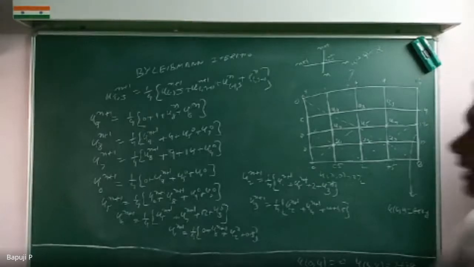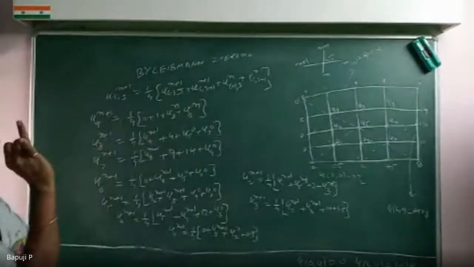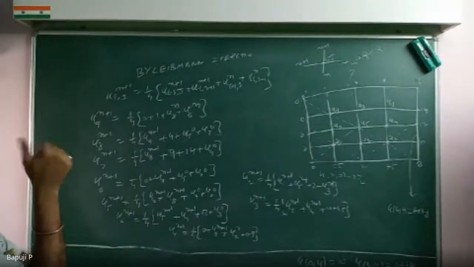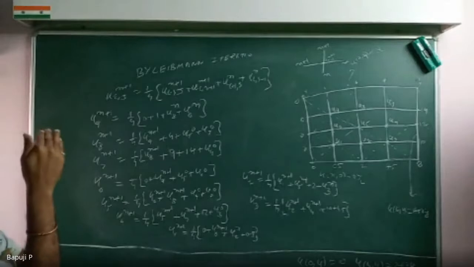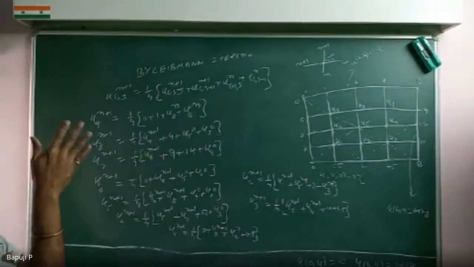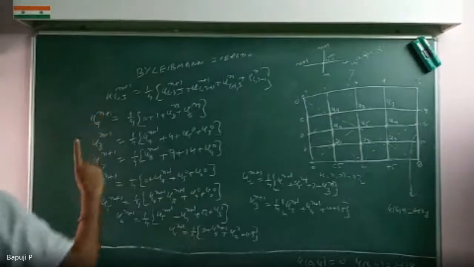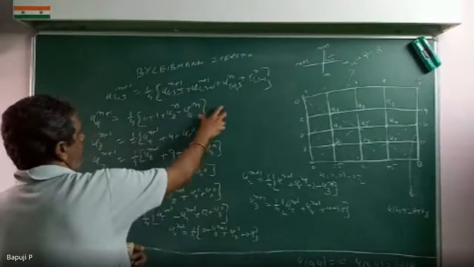Now you see, now I want to find U91, U81, U71, U61, U51, U41, like this 1, 2, 3, all I want to find out. First iteration. For the second iteration, what is n? If you give n is equal to 0, what you get? U91 is equal to what? First iteration, U80, U60 are available, just you will find U91.